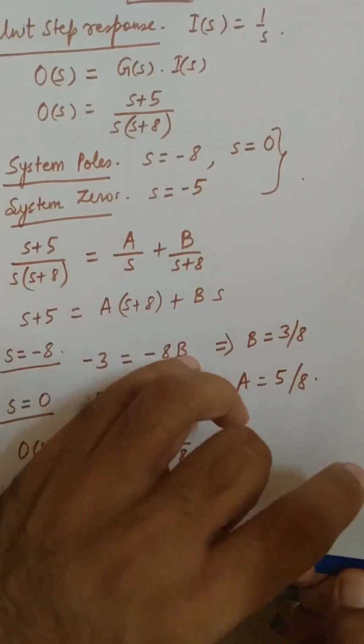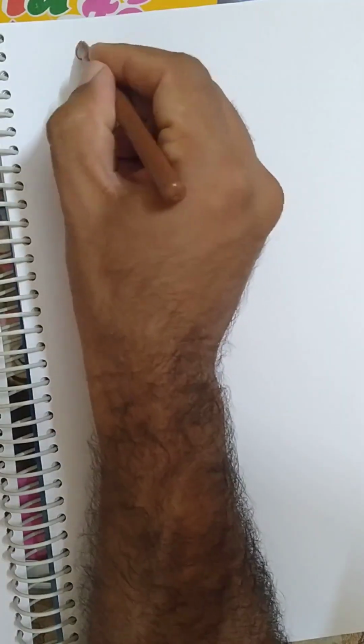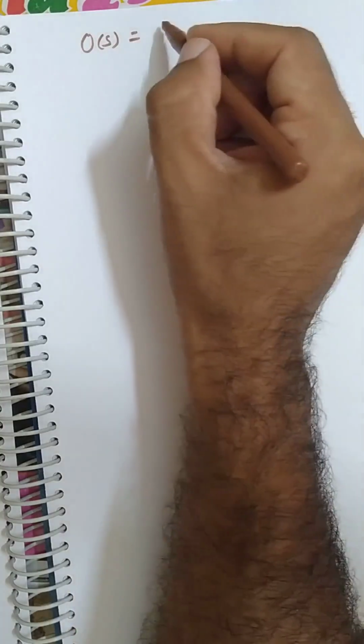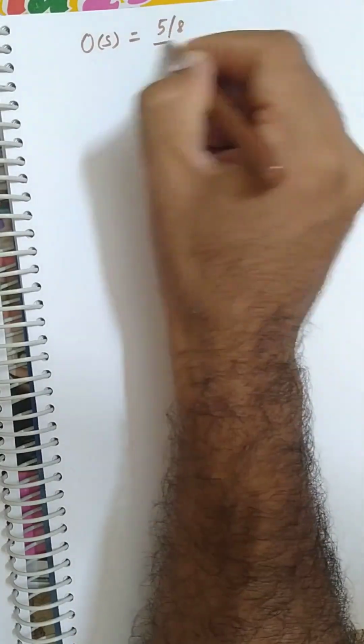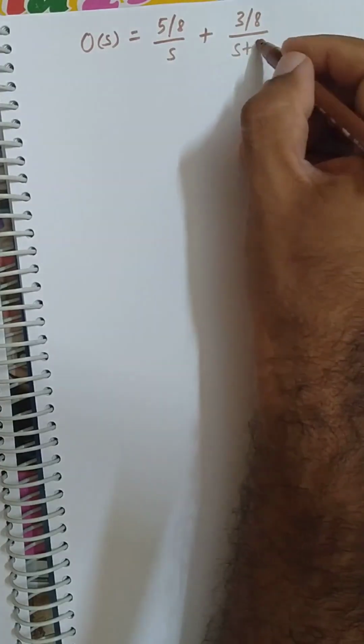So how do I now find the output in the time domain? I take the inverse Laplace. Now it's easy to take inverse Laplace. So I will write it again so that you are able to have a ready reference, that C(s) was equal to 5 by 8 upon s plus 3 by 8 upon s plus 8.